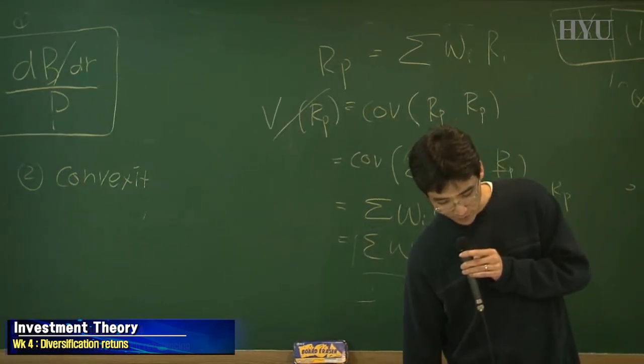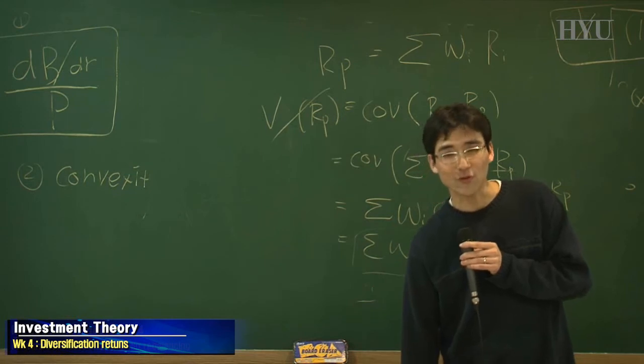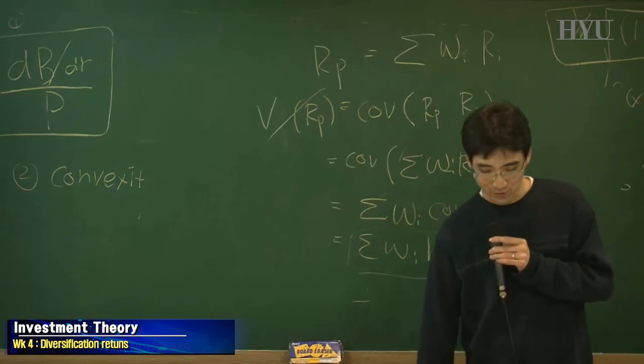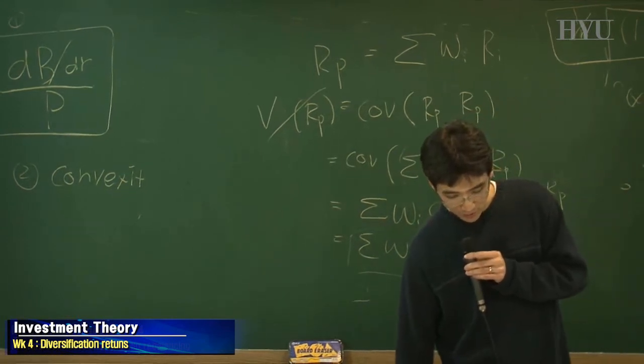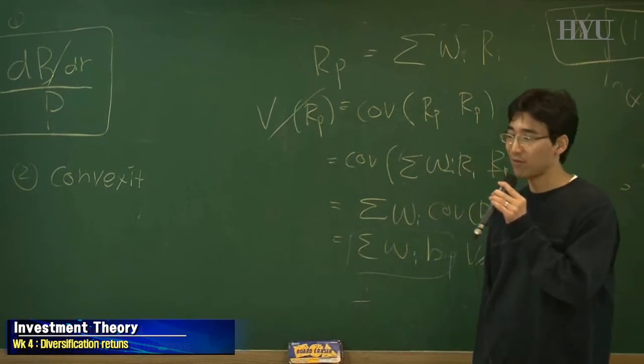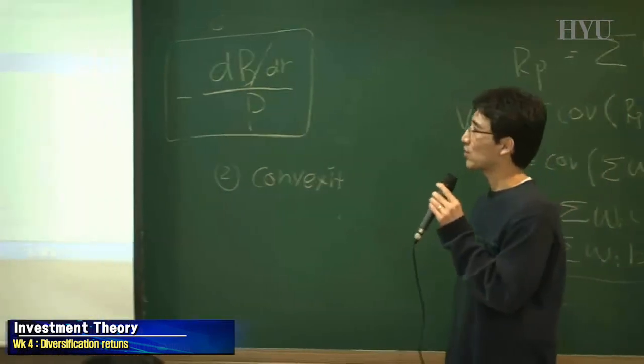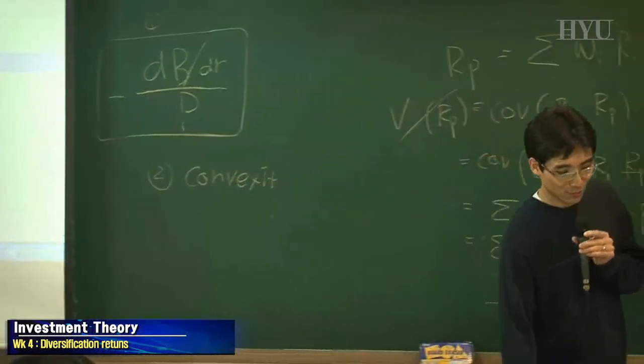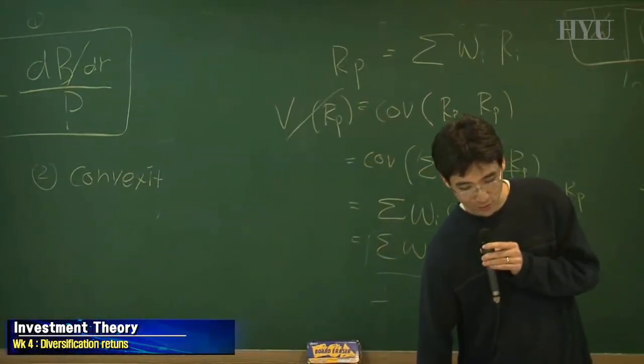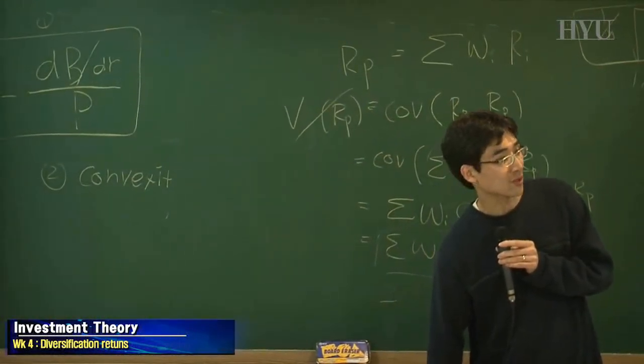So this part is exactly the covariance as we saw before. We can regard this part as the diversification benefit of the individual asset. We can derive this relation using some continuous time notation, but we will go over this part again later on.